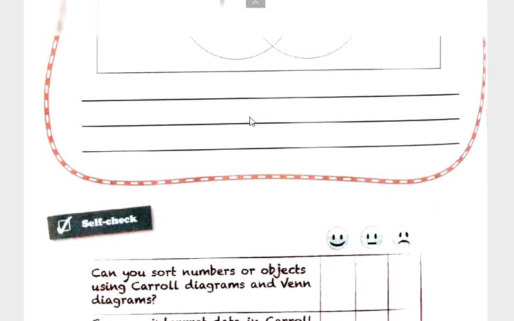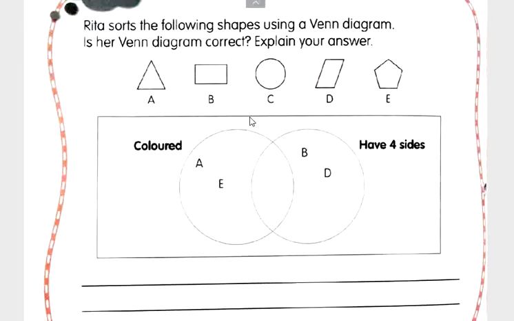Now the last page. Rita sorts the following shapes using a Venn diagram. Is her Venn diagram correct? Explain your answer.